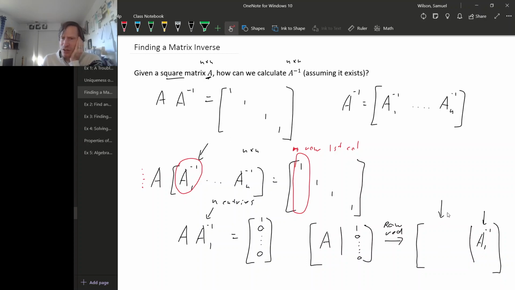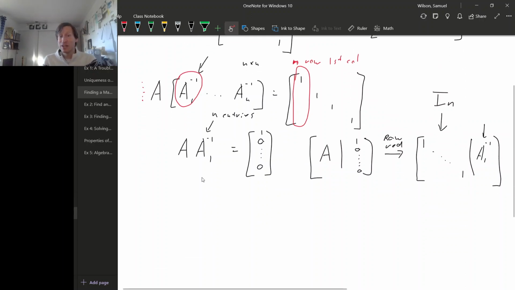But what shows up on the left? To have a unique solution, what shows up here when you do row reduction has to be all ones down the diagonal. In other words, when we finish this row reduction, assuming that the inverse exists, there will be the n by n identity matrix right here. So that's how we can find the first column.